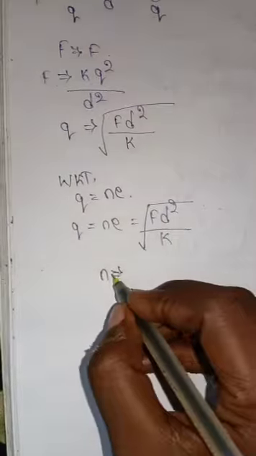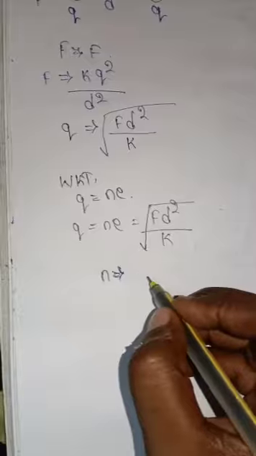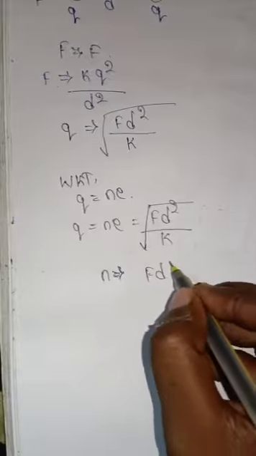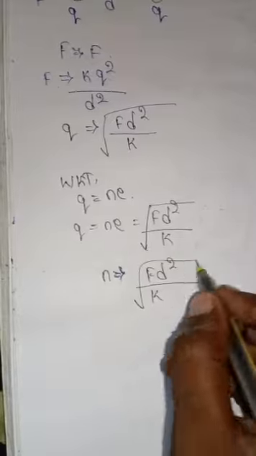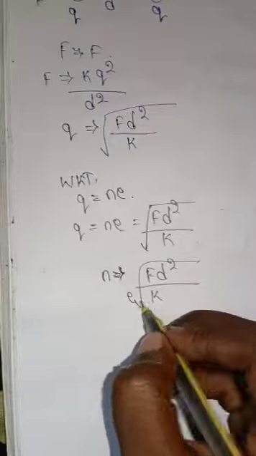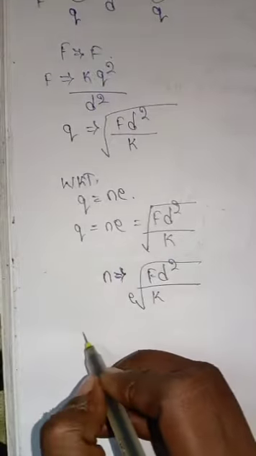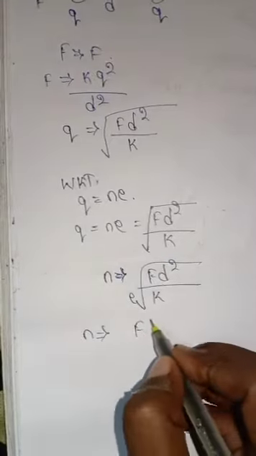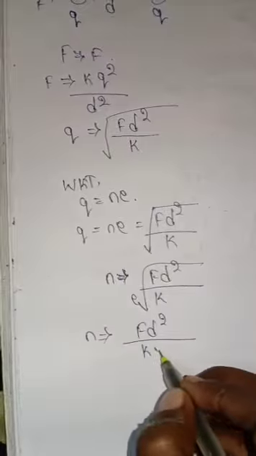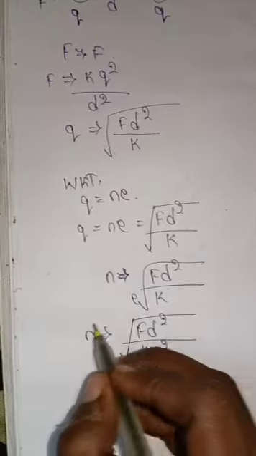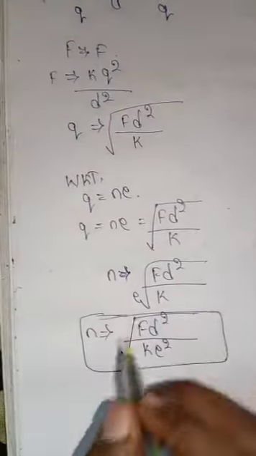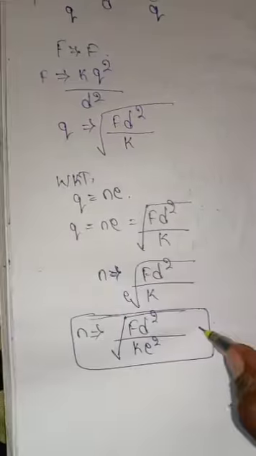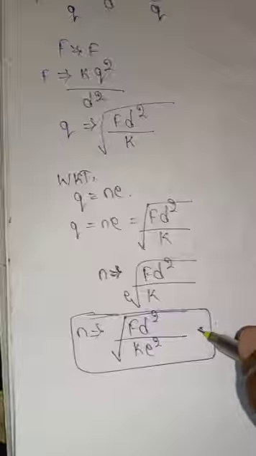So number of electrons n is equal to under root F d square divided by k, divided by e. For simplest form, we can write under root F d square divided by k e square. So these are the number of electrons missing from each ion.